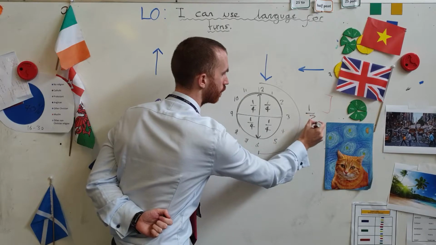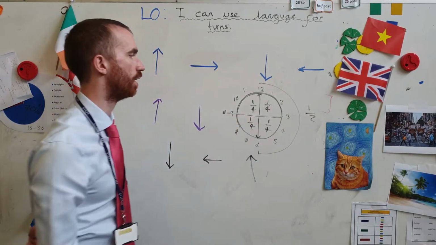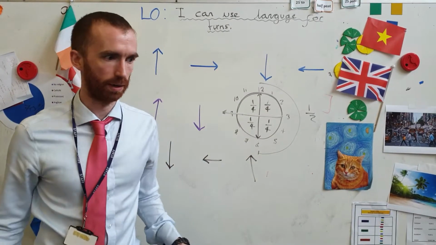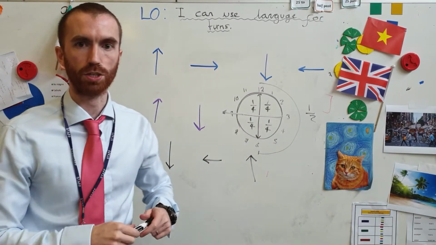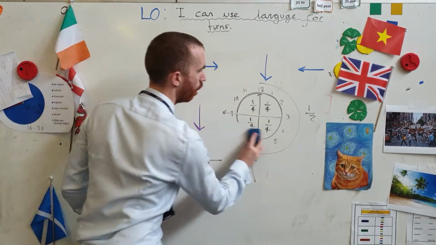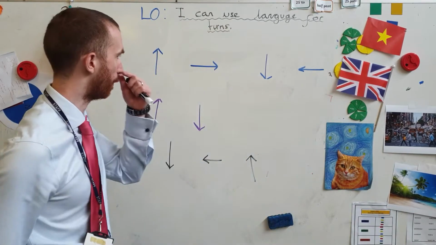That's a half. 1, 2, 3/4 is over here where 9 is. Okay, I'm getting a little bit confusing here, aren't I? So let's go back to our arrows and let me clear this mess off the board for a bit. You're going to see how that's going to come in really useful.